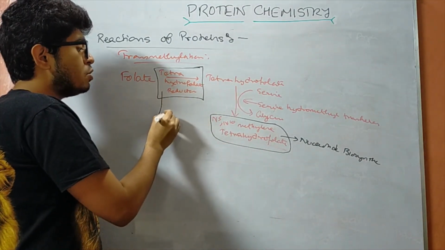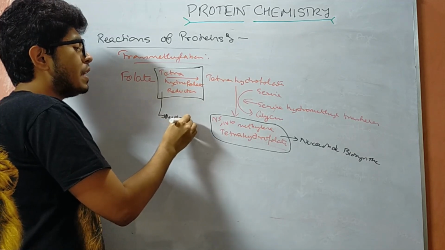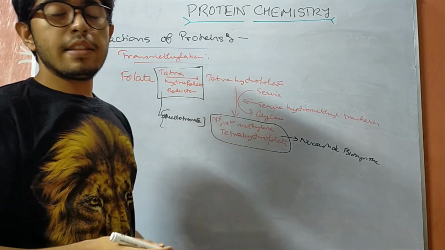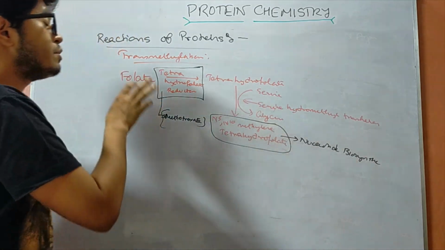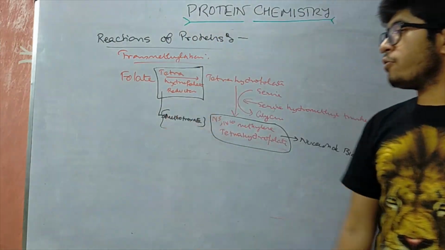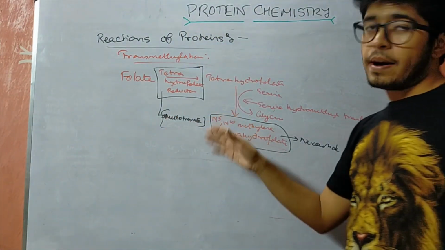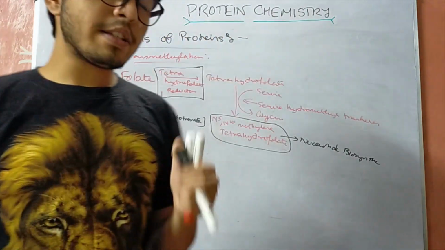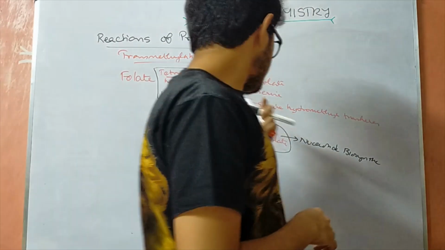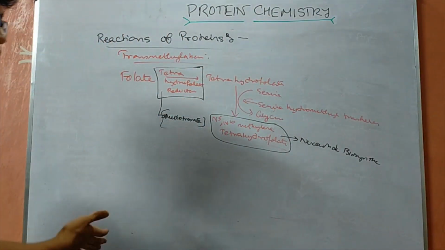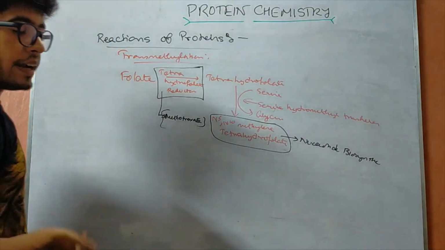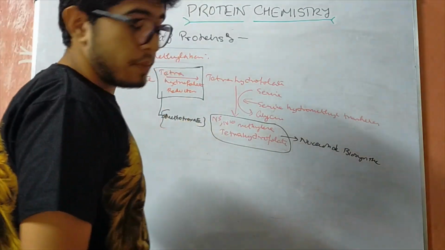Drugs such as methotrexate, very commonly used for anti-cancer therapy, inhibit tetrahydrofolate reductase and therefore inhibit the pathway. So methylation reactions are very important, as this is one example where methotrexate is used to inhibit the pathway.